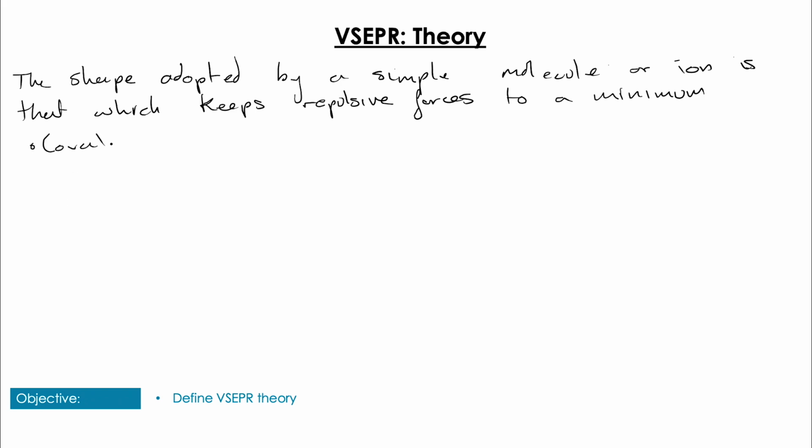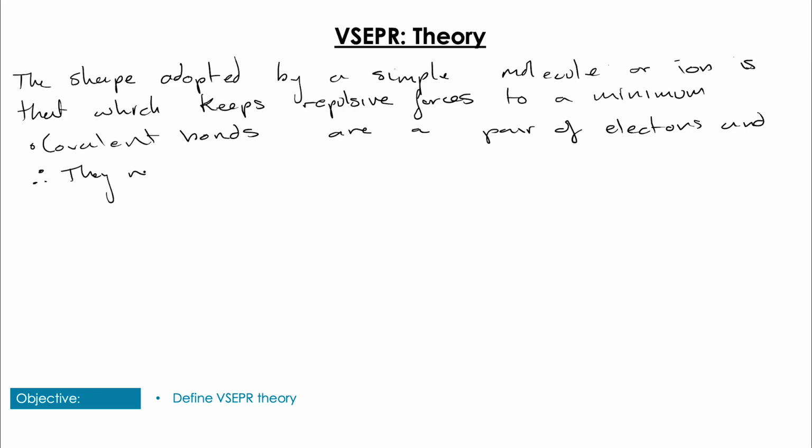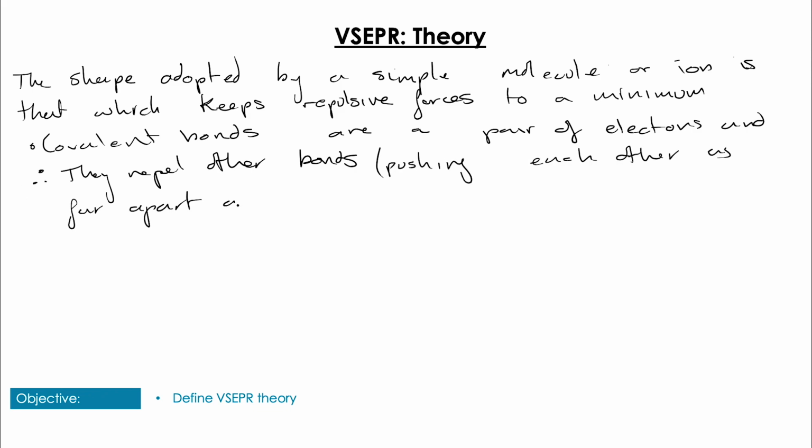And that is why we can think of covalent bonds as being a pair of electrons that repel the other covalent bonds, but we can also think about lone pairs in the same way, as they're just electrons, but they're not participating in bonding like those in a covalent bond. And this repulsion pushes the other bonds as far away as possible.